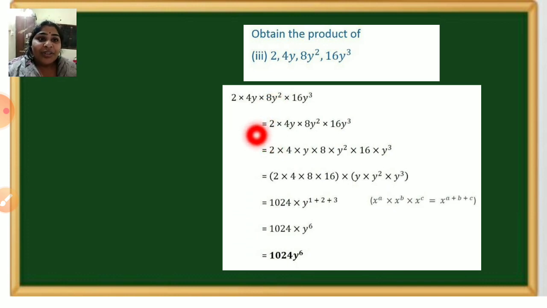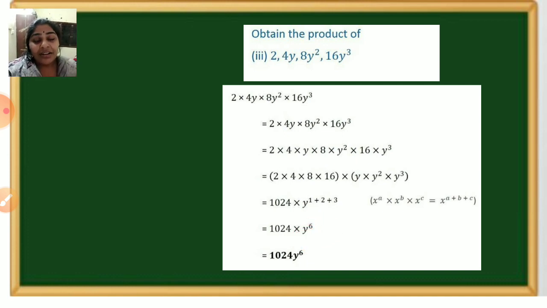Here you can see all the coefficients we have brought together, that is 2 into 4 into 8 into 16, which is nothing but 1024, and y into y square into y cube is y raised to 1 plus 2 plus 3, adding all the powers. So that will be equal to 1024 multiplied by y raised to 6, the final answer.